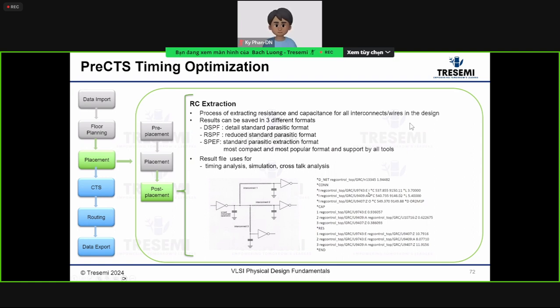These nodes are capacitance, these are inductance, and so on. But there is a manual to tell you exactly what these are when we need to look it up. So just know that RC extraction is to extract RC, and then you can write out the SPEF file, which can be used for PrimeTime analysis or simulations. Okay, that's the point of this slide.